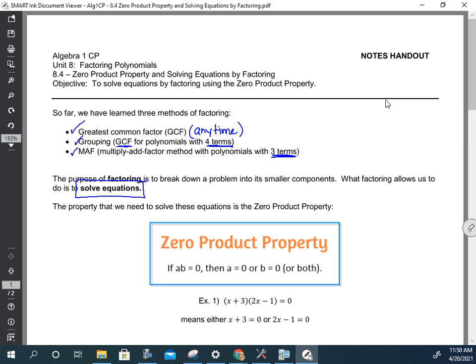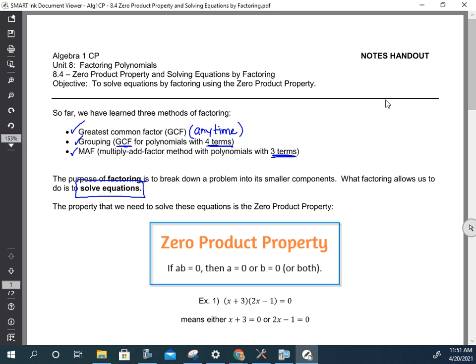But if I gave you the equation x squared plus 6x plus 8 equals 0, I'm like, hold up, wait a minute. I don't quite know how I'm going to start that problem. And if you find that you're in that boat, that's okay. You haven't been shown how to do it yet. That's where I come in. So we're going to solve equations like the one that I just erased.